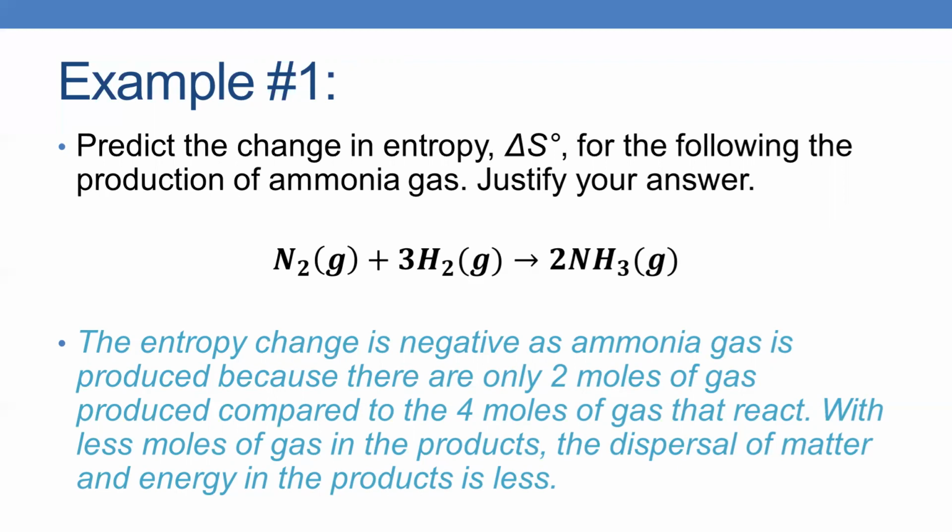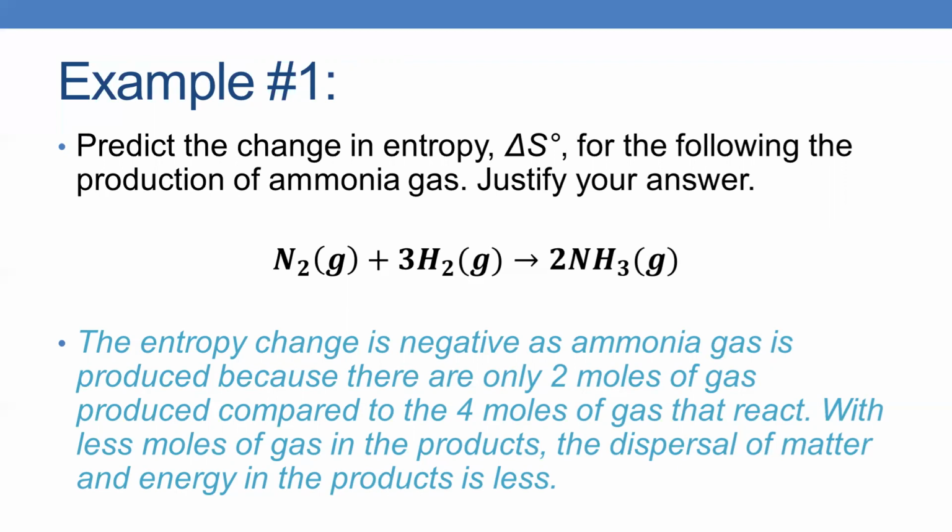You could say something about the moles of gas, and then to make sure you hit the point home, you could say that with fewer moles of gas in the product, the dispersal of matter and energy in the product is less. So just try to use that dispersal terminology when explaining yourself. How do we feel about that so far? Not too bad.